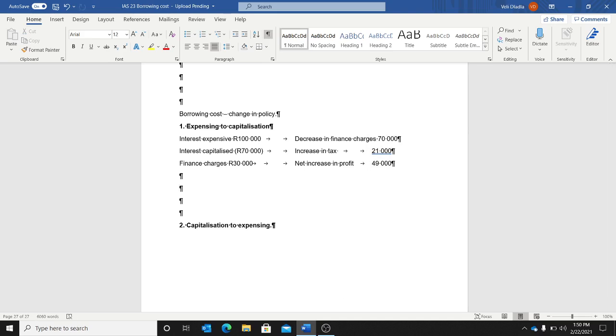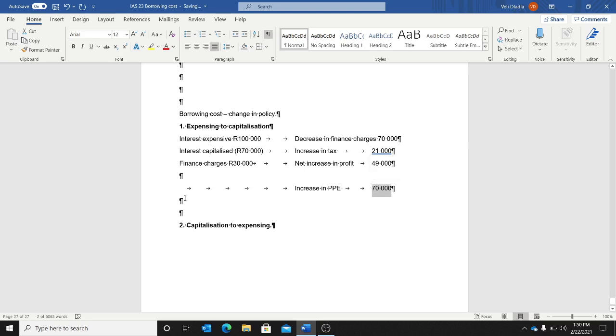Now, how will this affect the balance sheet? The balance sheet, PPE, will increase. Let me say increase in PPE. It will increase by how much? 70,000. Remember, what is capitalization? If you decrease your expenses from 100 to 30, this amount moves out of the income statement, then it goes to the balance sheet. Here it is. It will increase PPE.